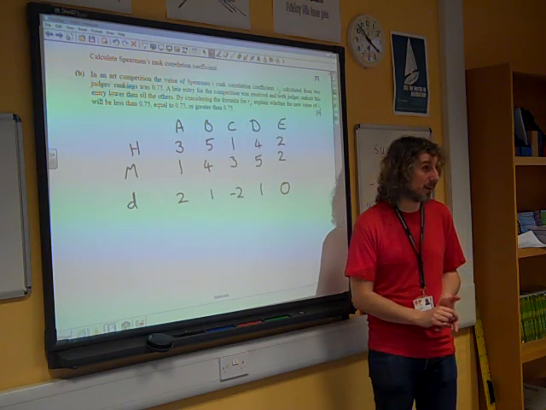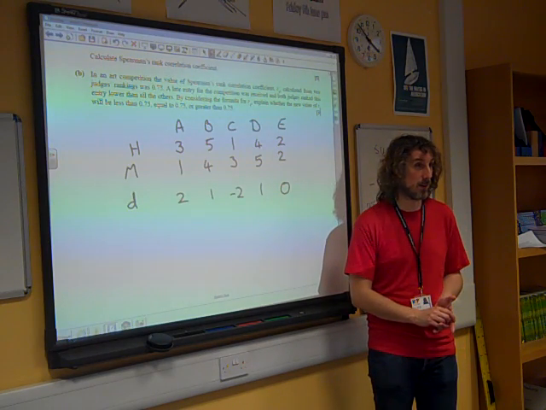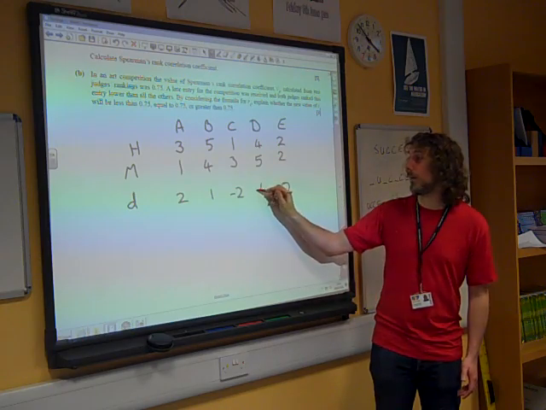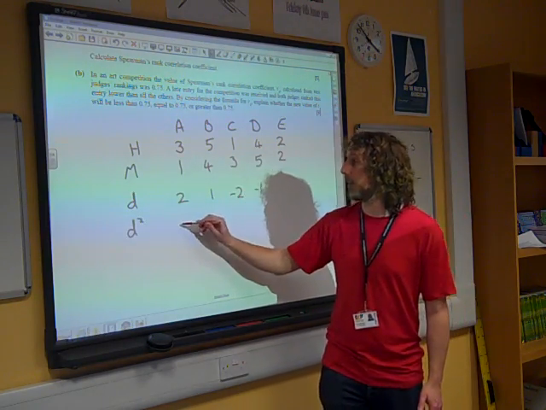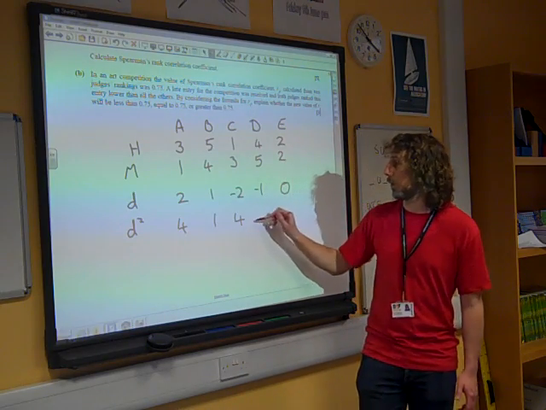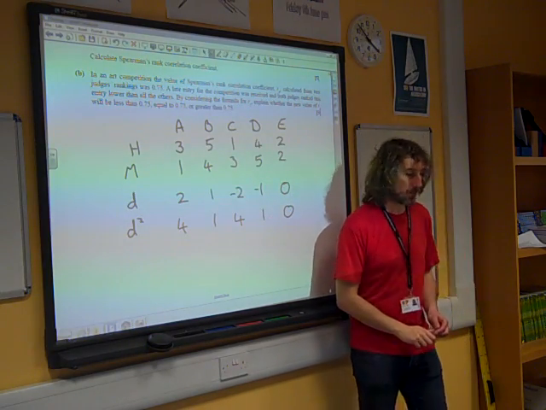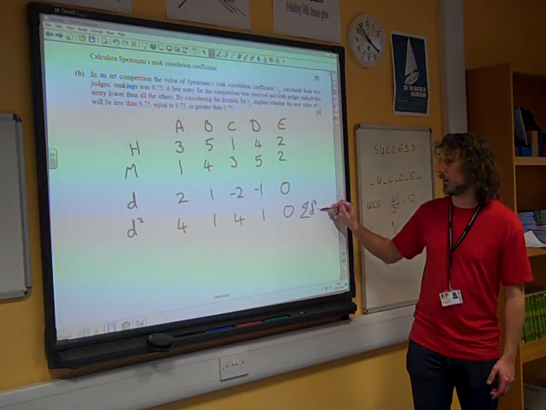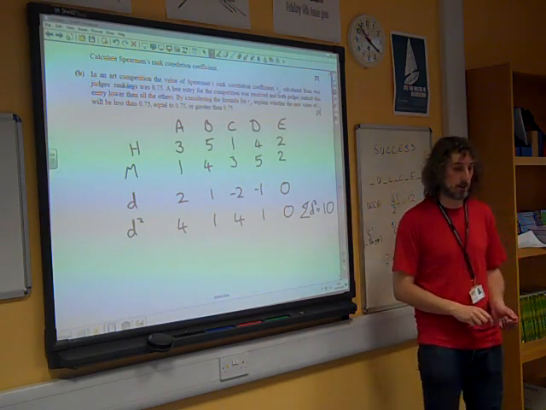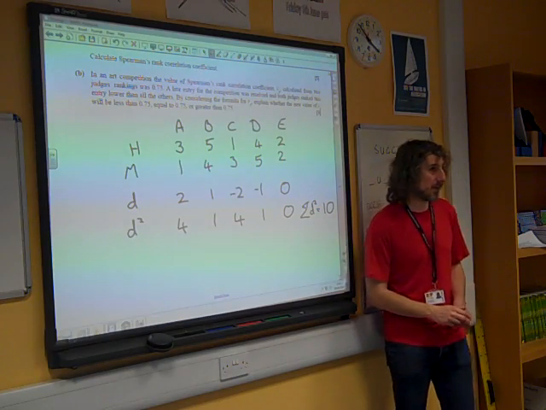It doesn't matter, but I missed a minus sign, didn't I? I'll get away with it, because once I squared it, it doesn't make any difference. But d squared is going to be 4, 1, 4, 1, 0. So the sum is 10, and then we put it all together.